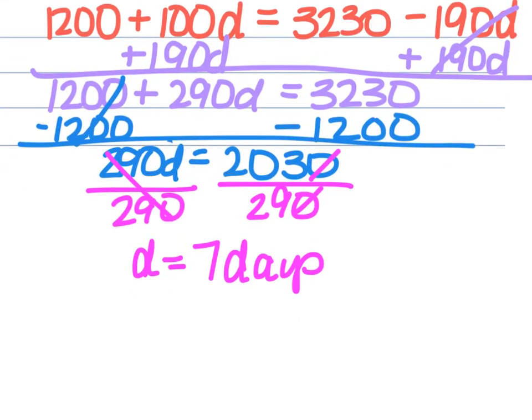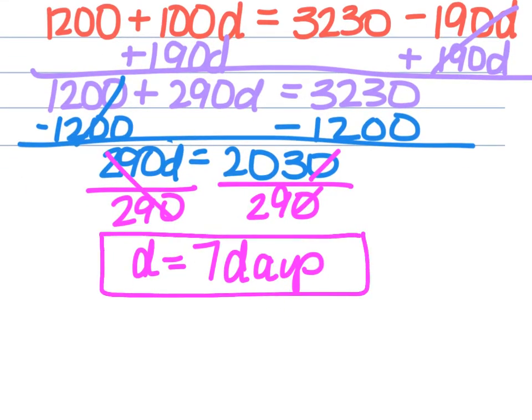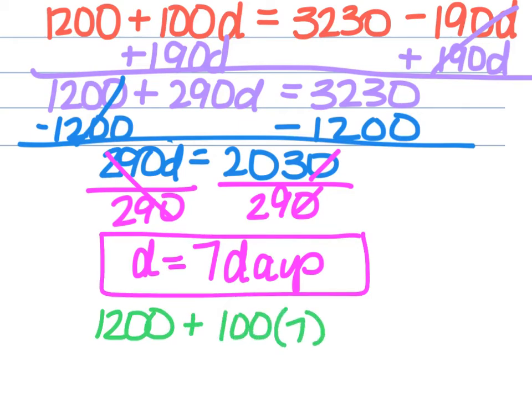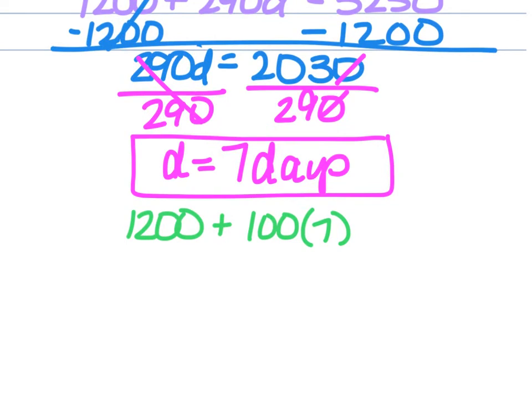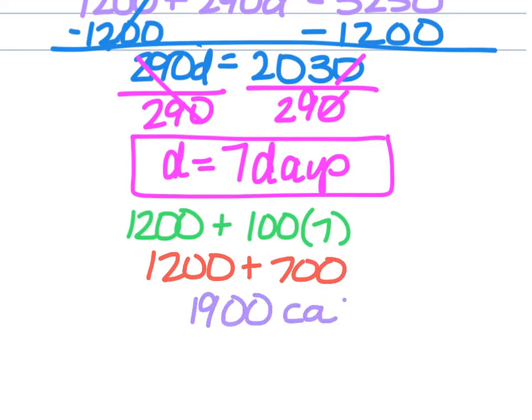They want us to tell also how many calories both of them will be consuming in those 7 days. So if we plug it in, 1,200 plus 100 times D, that's 1,200 plus 100 times 7. That's 1,200 plus 700, and that's going to give us 1,900 calories.